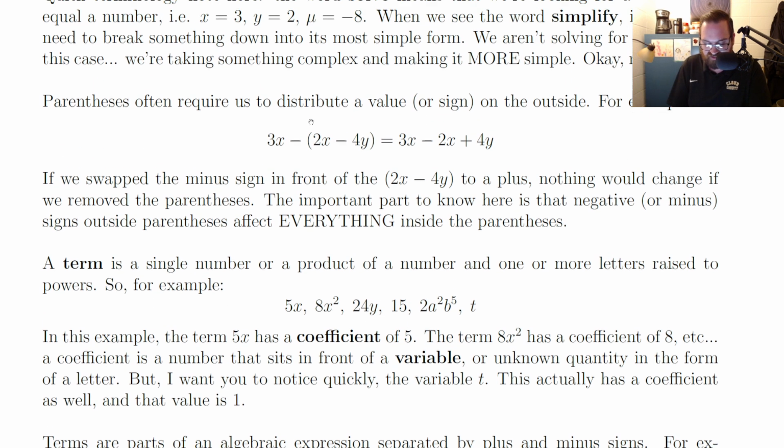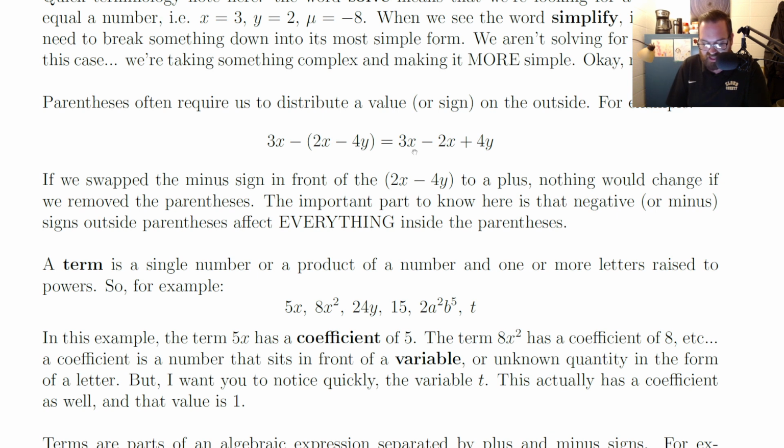If I was trying to define the terms in this expression, I would have 3x, that's a term, minus 2x, that's also a term, plus 4y. The 4y itself is also a term, okay? So there are three terms in this particular expression.